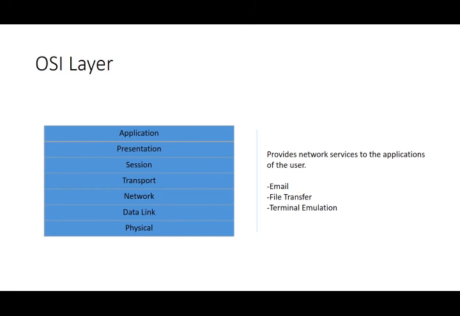Now the application is going to establish the availability of different communication partners, and it is going to synchronize the establishment agreement. It will do some error recovery and control of my data integrity. But all in all, as a networking person, we generally don't work at the application layer or the presentation or even the session layer.